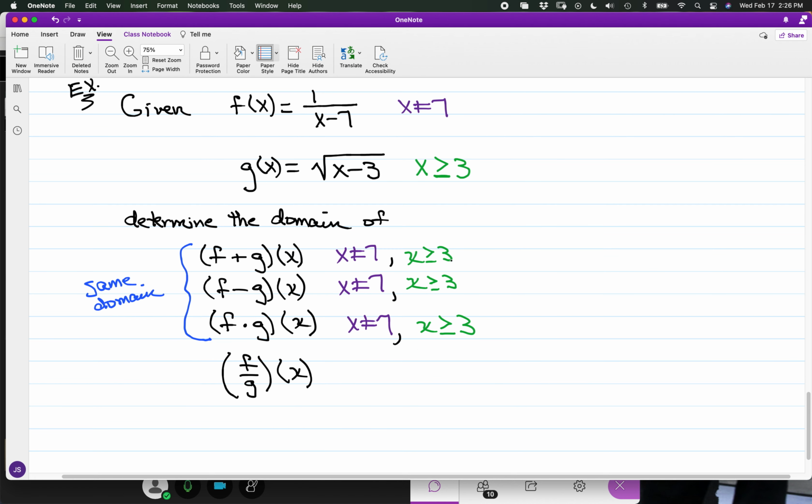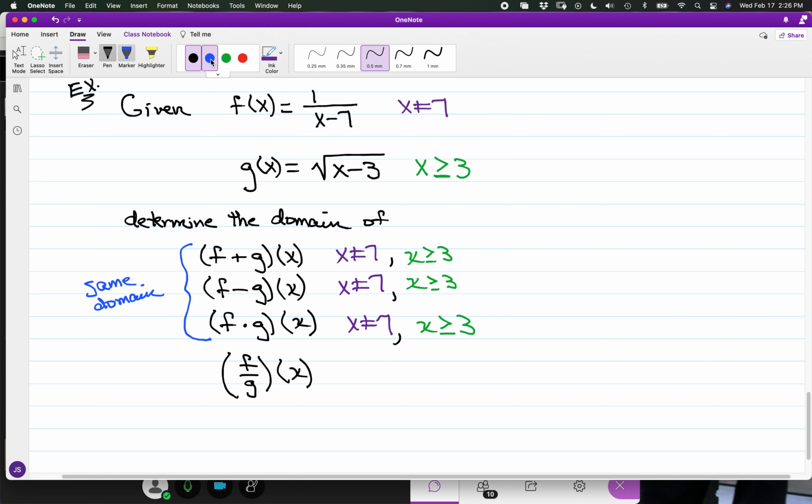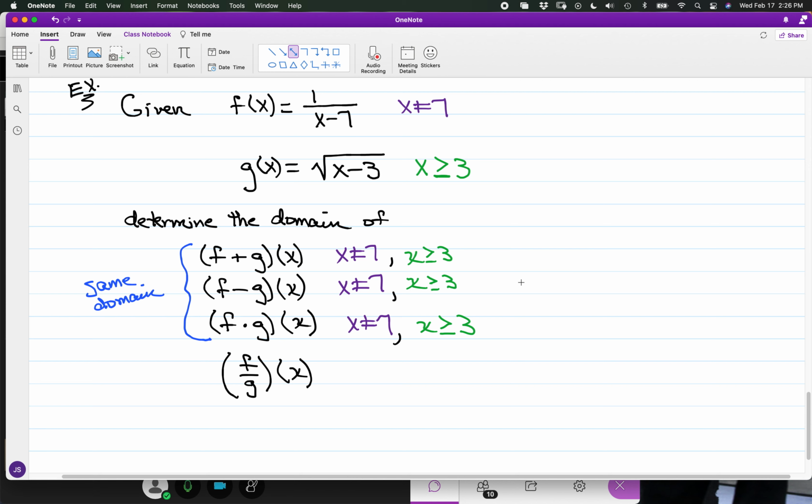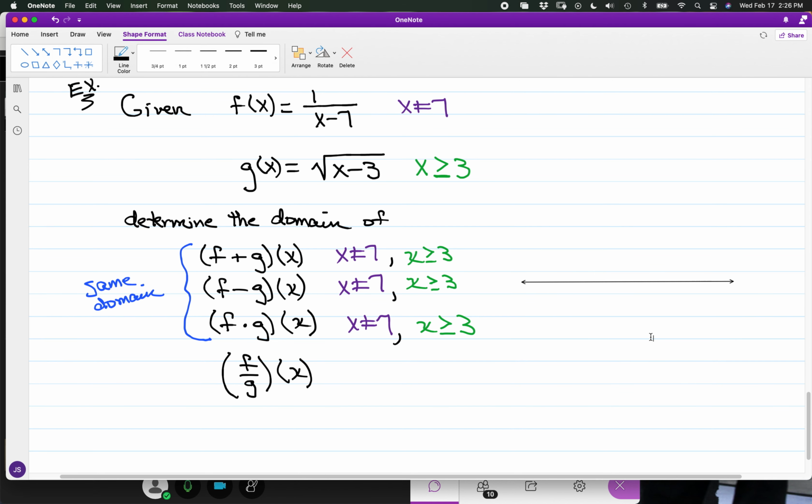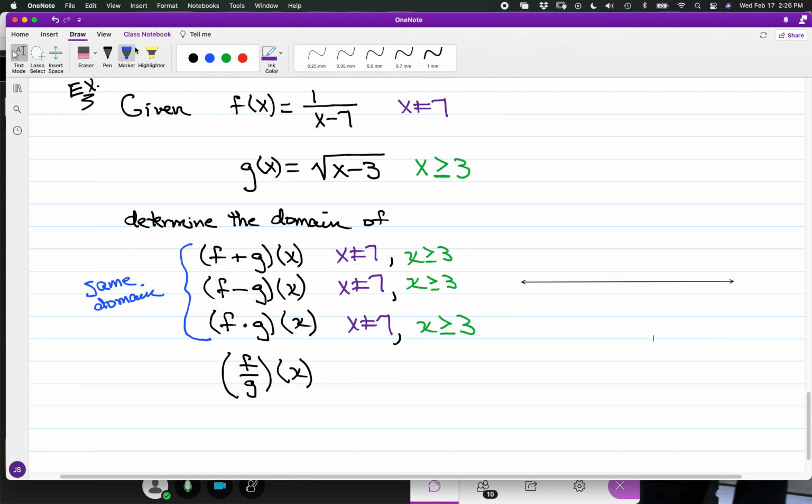Now for this particular set, just looking at the visual on this one. For the numbers of concern, you have 3 as well as 7. Now x cannot be equal to 7.